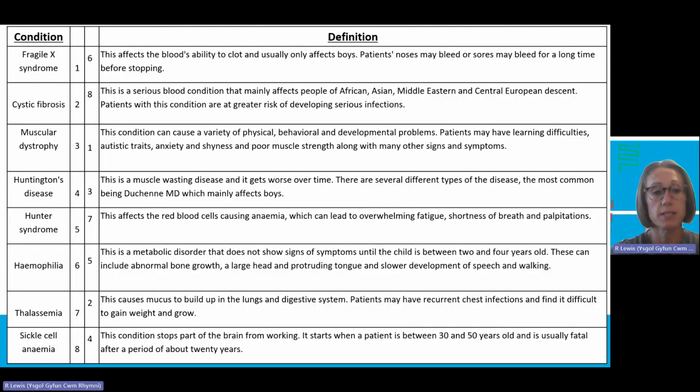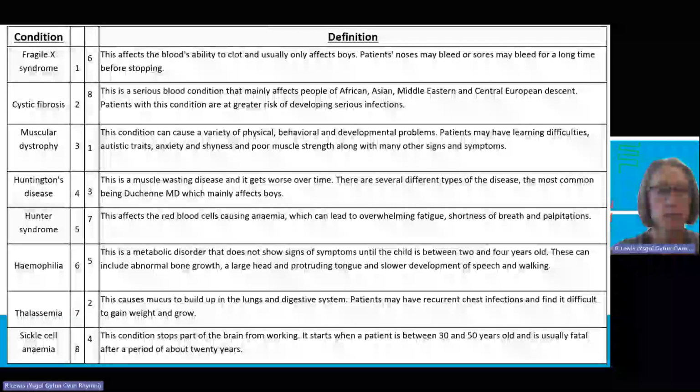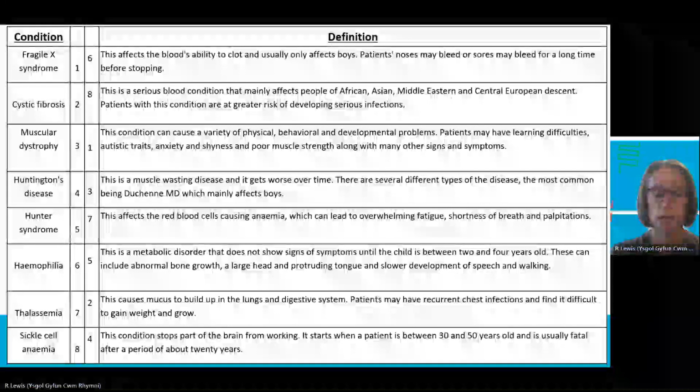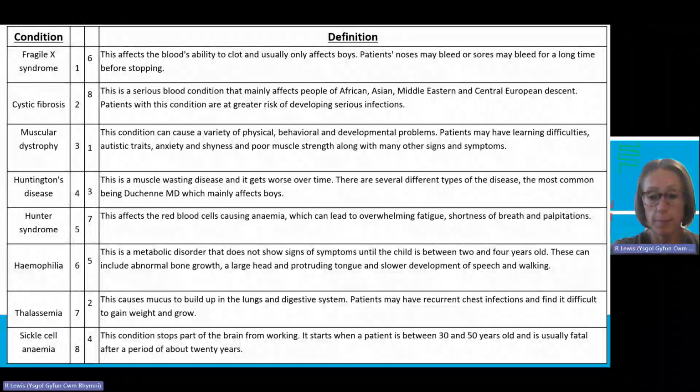The second one then is cystic fibrosis, perhaps one that's a little bit more common than Fragile X syndrome with students. This is where a buildup of mucus occurs in the lungs and the digestive system, and the patients then have recurrent chest infections and find it difficult to gain weight and grow.